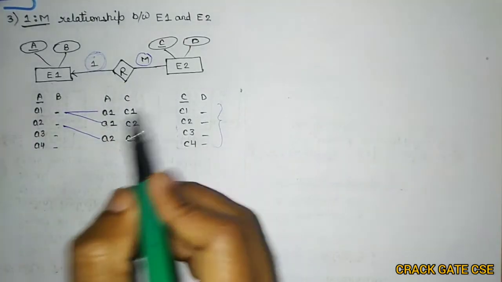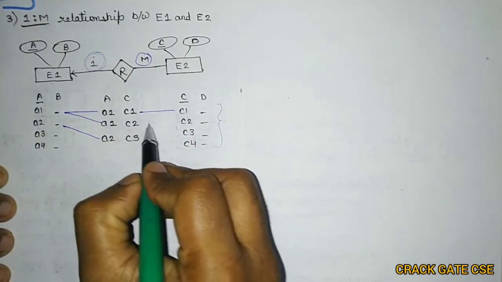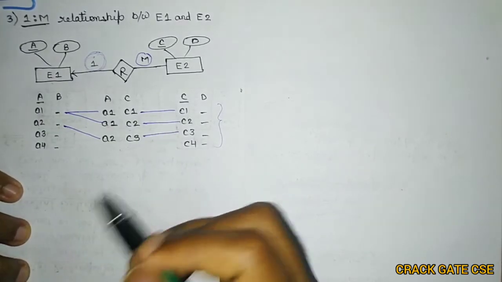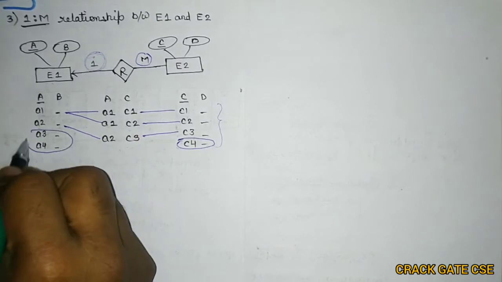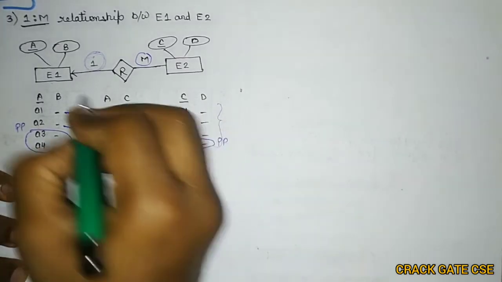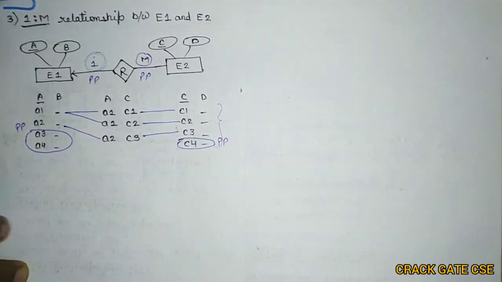So you can see that this C1 is mapped with only one value, this C2 is mapped with only one value, and this C3 is mapped with only one value, and this C4 and this A3, A4 are not mapped because of the partial participation. So at both places this is partial participation because of the single line.